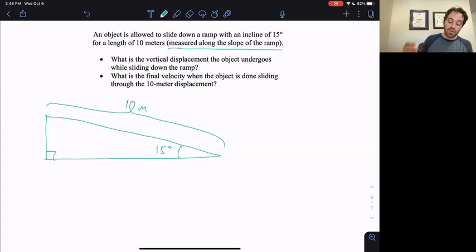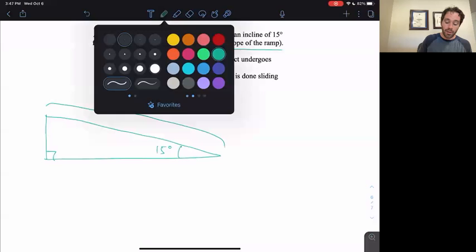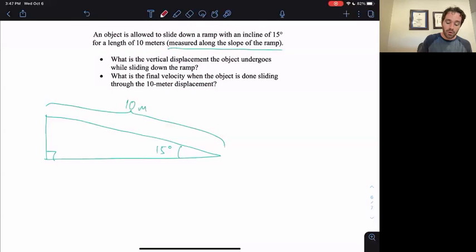The first question is, what is the vertical displacement the object undergoes while sliding down the ramp? So this question asks about this. I'm going to call that y because it's vertical. If you look at this question with fresh eyes, you will see that this isn't even really a physics question.